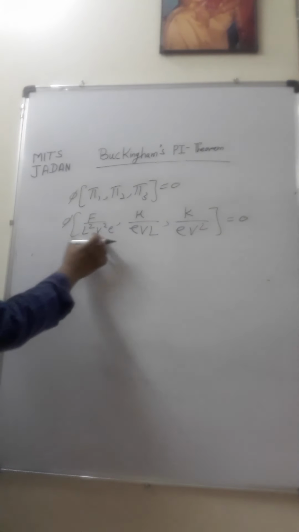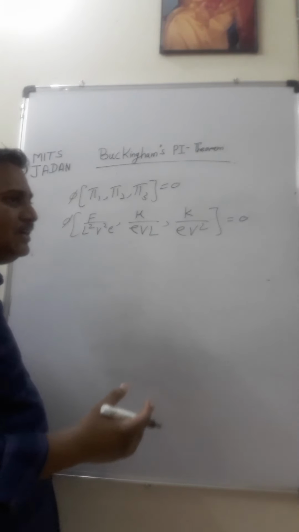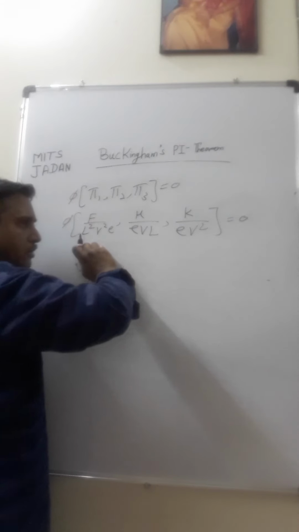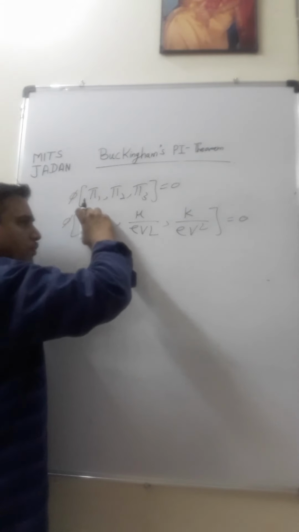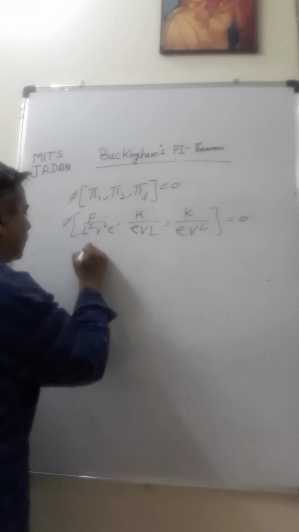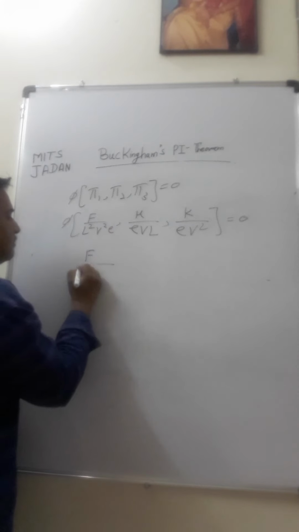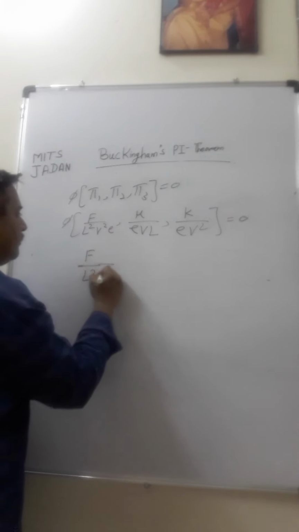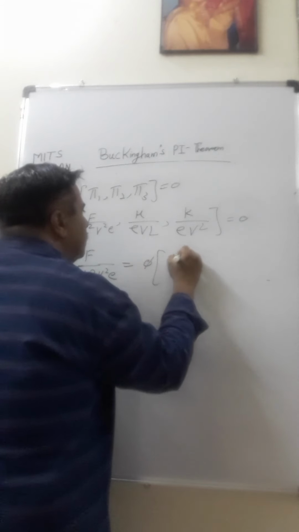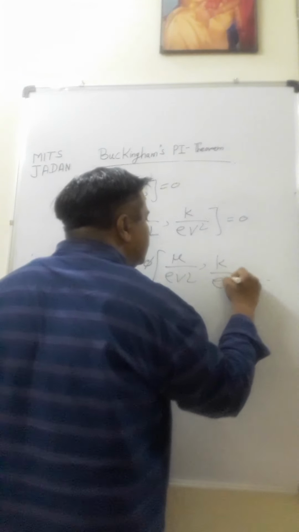Now I will keep this term on the left hand side, remaining everything on the right hand side. The postulate is that even if you take one parameter or one group of non-dimensional numbers from the left hand side to the right hand side, it is not changing. So what I am doing is F upon L square V square rho, it will still remain a non-dimensional number, is equal to phi of mu by rho V L, comma, K by rho V square.